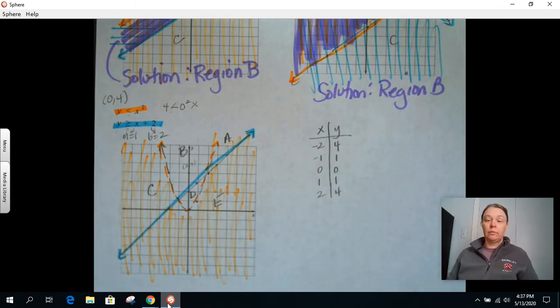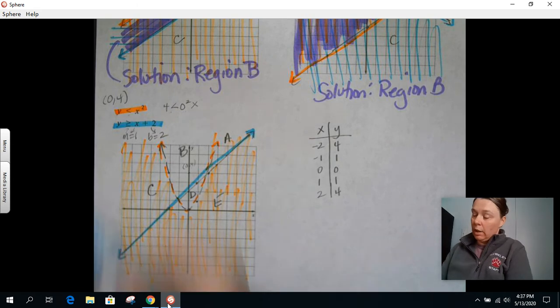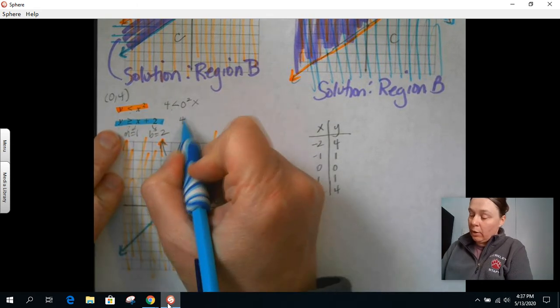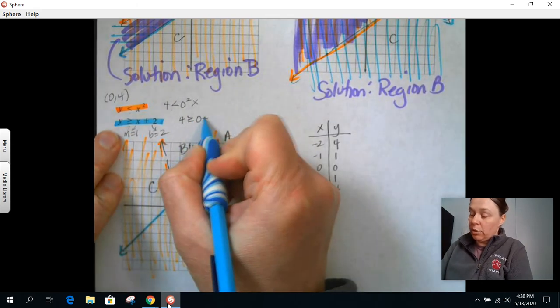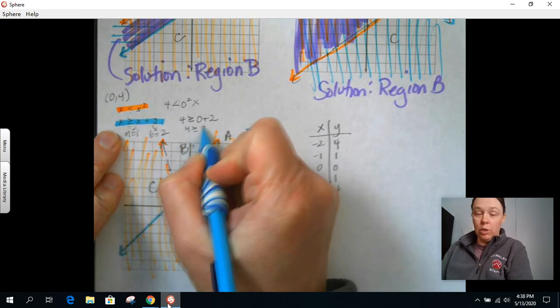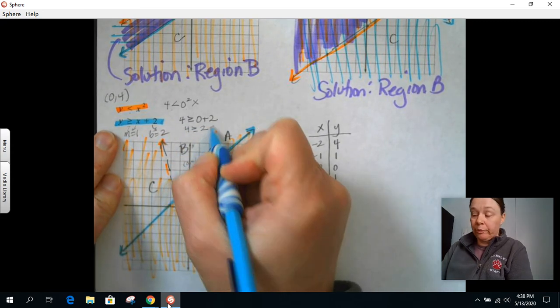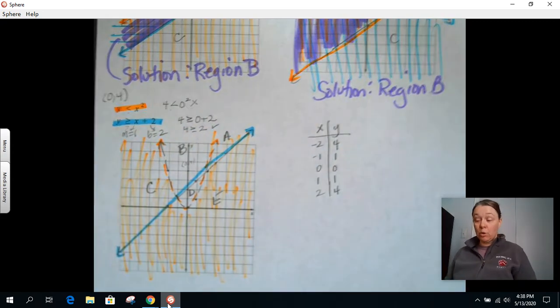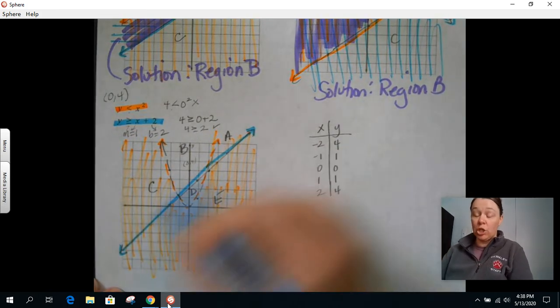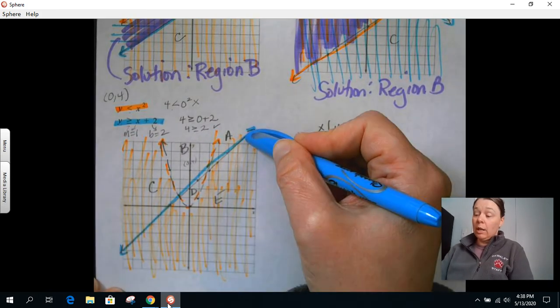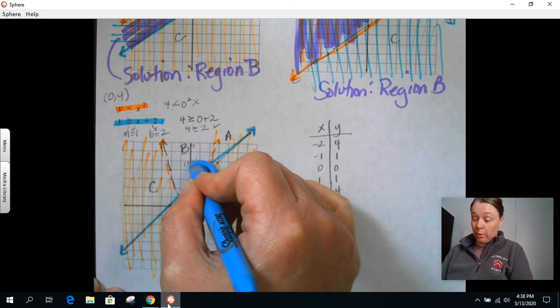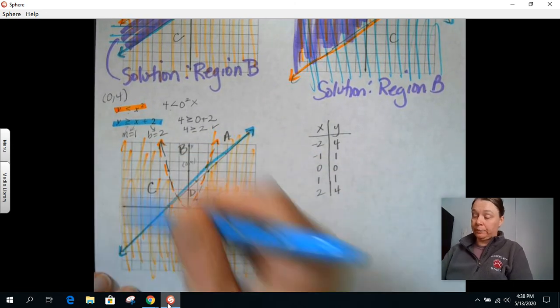Okay. Then for the next one, I'm going to plug in 4 for y. Is that greater than or equal to 0 plus 2? So that's 4 is greater than or equal to 2. Is 4 bigger than or equal to 2? It is. Okay, so for my blue line here, I'm going to shade on the side that contains the point 0, 4. So I'm going to shade on this side of my line.